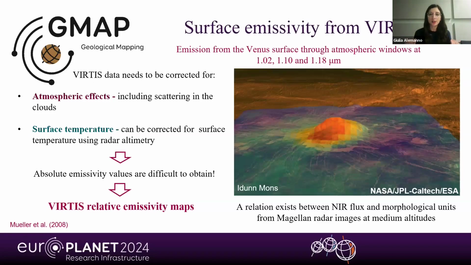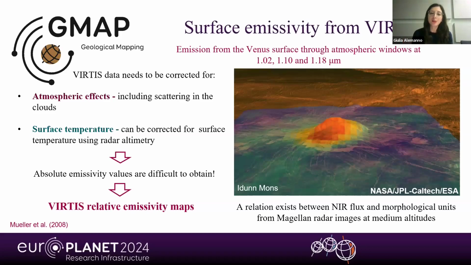So we assume an average emissivity, comparing what we see with lander measurements and with radar measurements. And then we study the anomalies that we observe in the VIRTIS data compared to this average emissivity. So we talk about high emissivity anomalies and low emissivity anomalies.